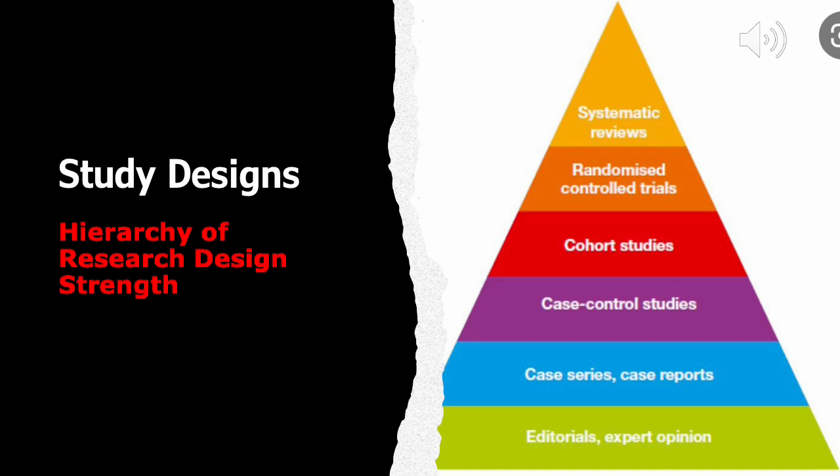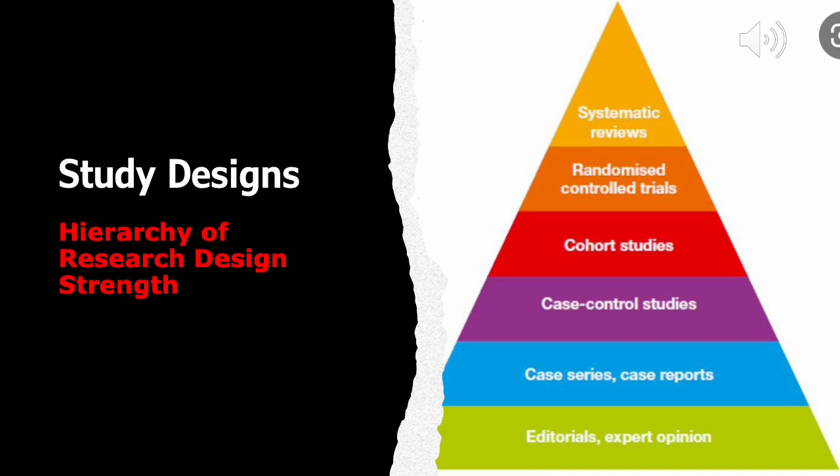So this is the hierarchy of research design strength, meaning that systematic reviews are the number one study design. These are the ones that you want to look for in terms of strength. They give us the strongest evidence.